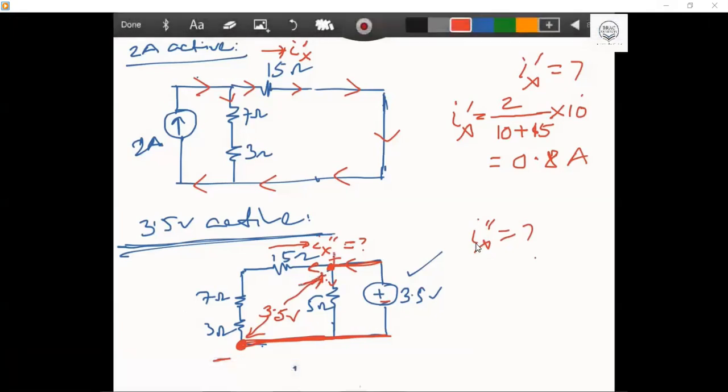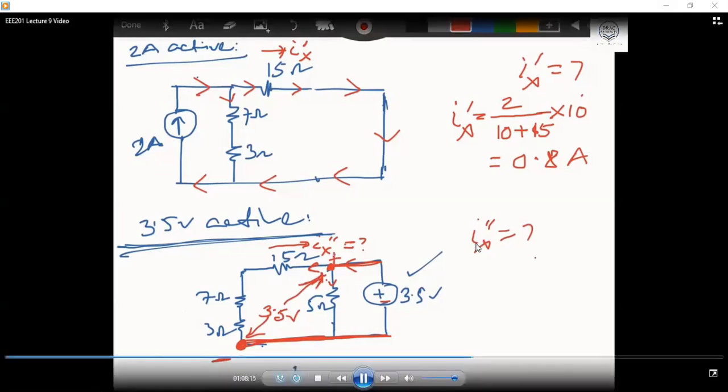Good. If we call this current I-25, the current flowing through the 25 ohm resistor, then ix double prime and I-25 are in opposite directions.